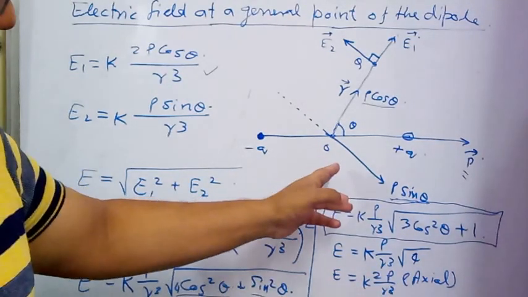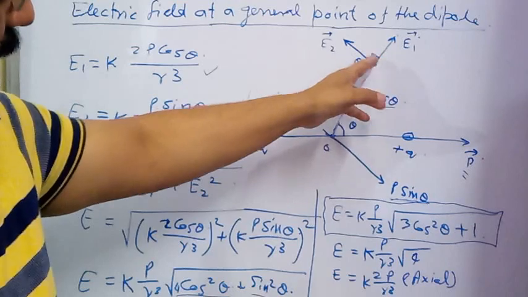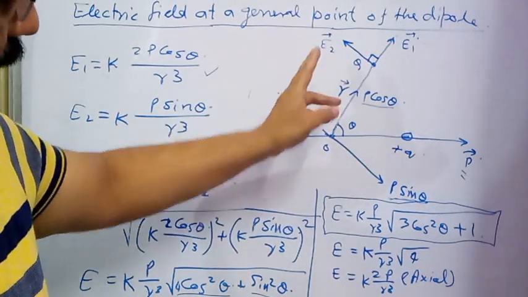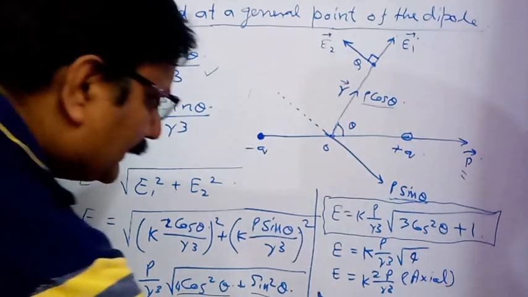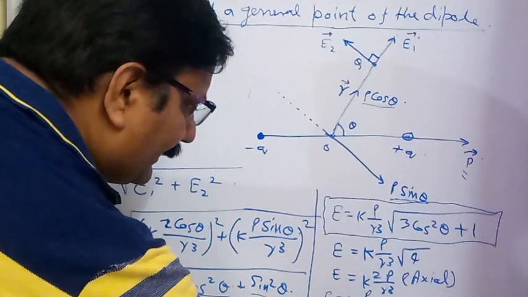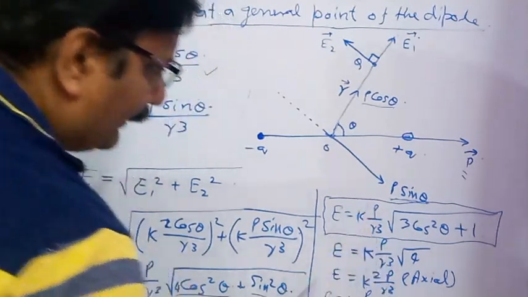Similarly, if theta is 90 degrees, point Q shifts to the equatorial position of the dipole. In that condition, the expression becomes E is equal to K P divided by r cubed.